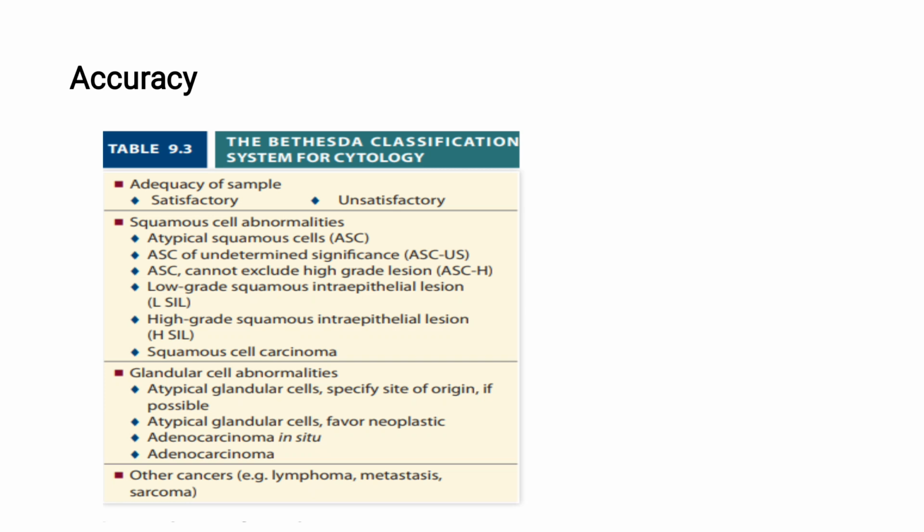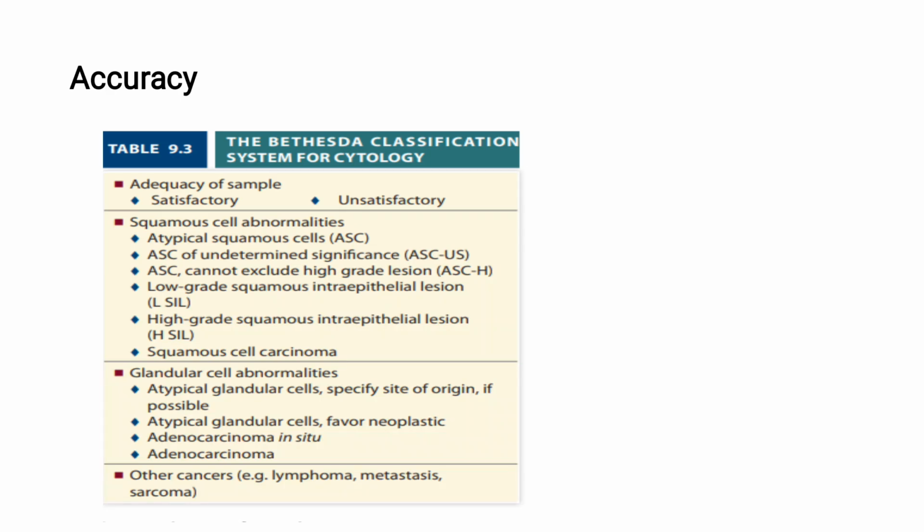Then the Bethesda classification system for cytology, that is adequacy of sample, satisfactory or unsatisfactory. So squamous cell abnormalities: atypical squamous cells of undetermined significance, cannot exclude high-grade lesions, low-grade squamous intraepithelial lesions, high-grade squamous intraepithelial lesions, squamous cell carcinoma.